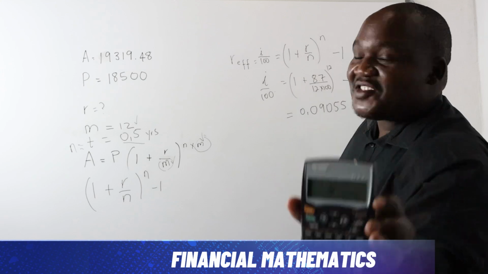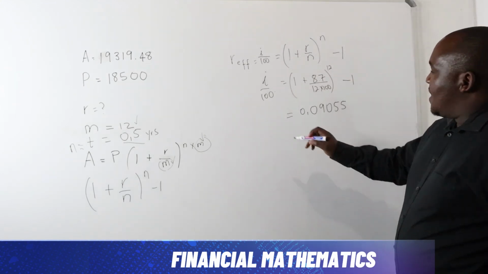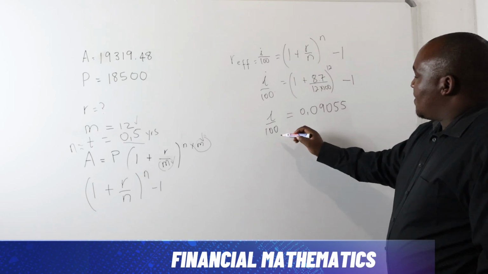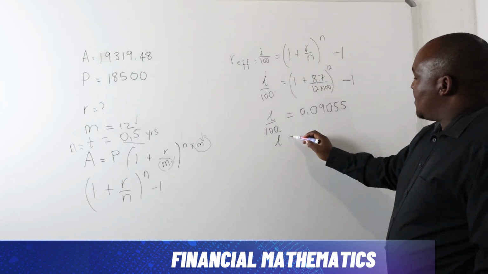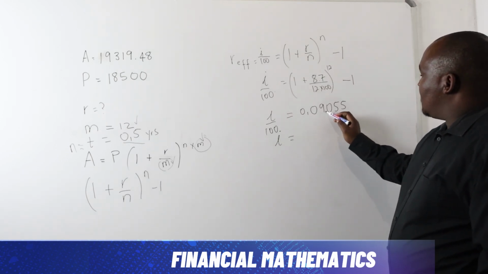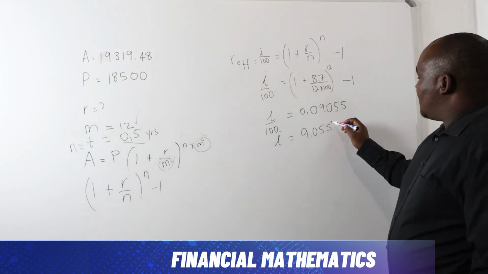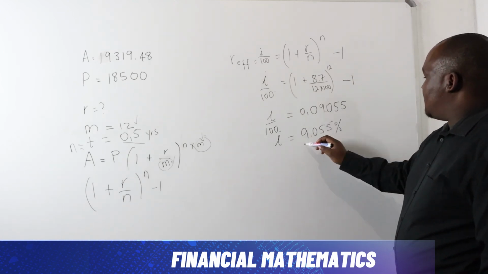This is the value that you are getting. Now we have to multiply by 100 to get I. And then you're going to get your I value being 9.055%.